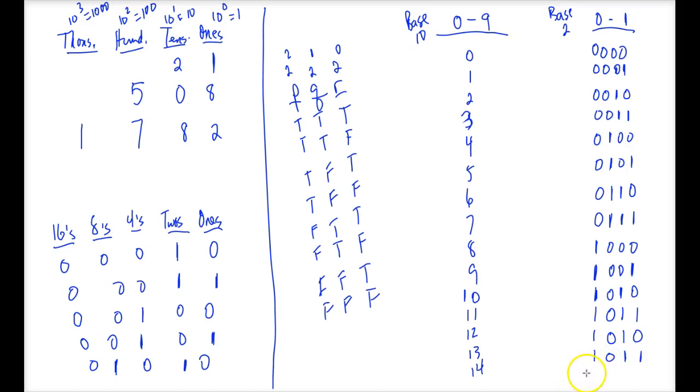And for 14, I would have one group of 8, one group of 4, and one group of 2 and nothing else. Okay? So that's how I would form my numbers in base 2, or my binary numbers.